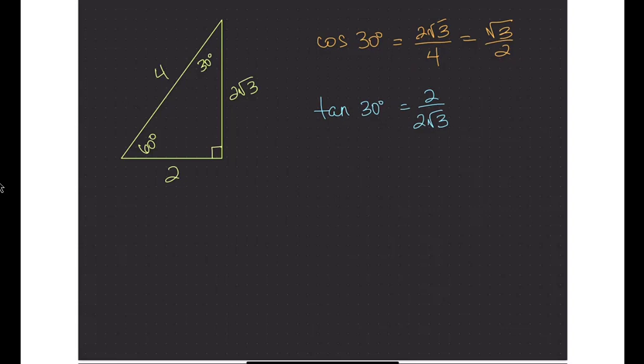Can't leave that little radical in the denominator, so you can either simplify it first, or multiply top and bottom by square root of 3 and then simplify. This is 2 times the square root of 3 over 6, which reduces down to the square root of 3 over 3.